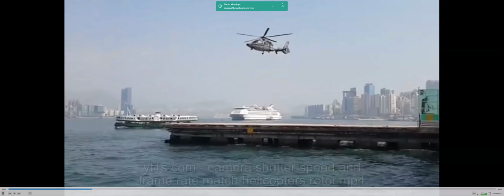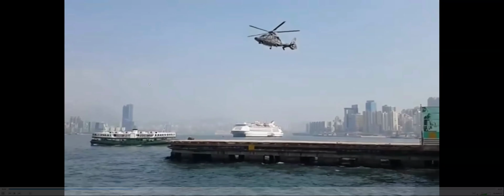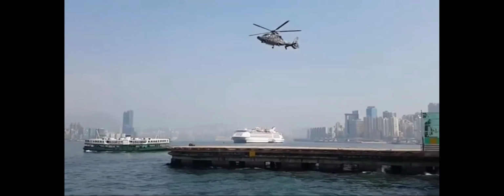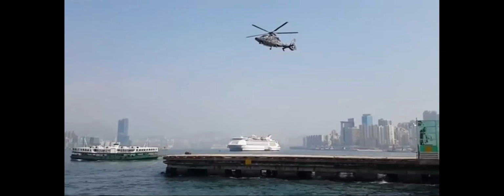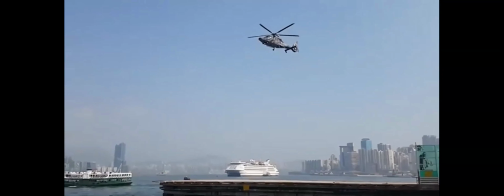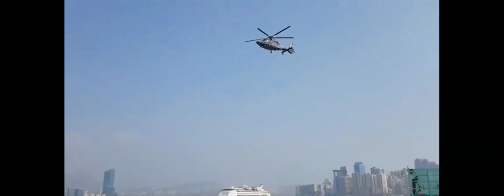Look at that video there. What the cameraman did was make the frame rate of the camera equal to the helicopter's blade rotation. So every time you take a photograph, the blades are at a similar position. It feels like the helicopter's blades are not rotating. You see the video again, the helicopter just looks like it is going up, while below you can see water and boats all moving.